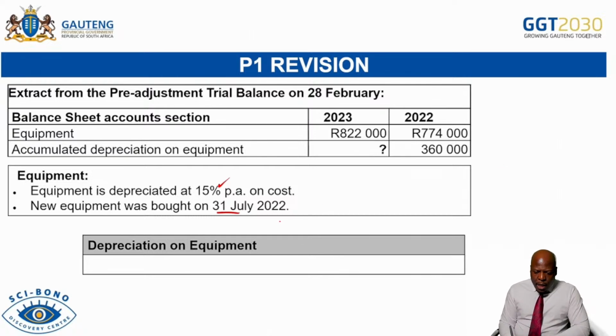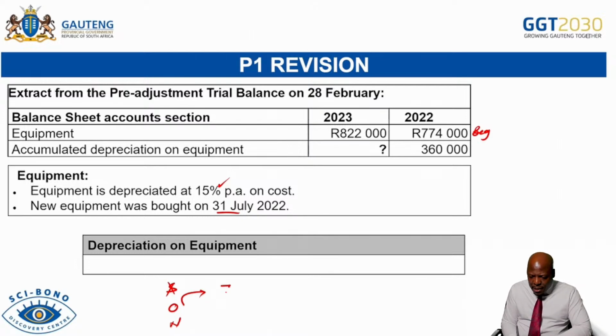Now, we know that when we calculate again, we're going to calculate for the sold, the old, and the new. All right, so here we don't have the sold, but we have the old. The old is what you have at the beginning.